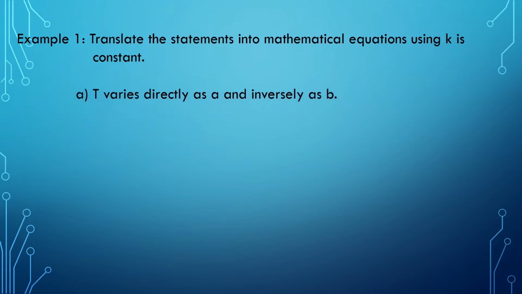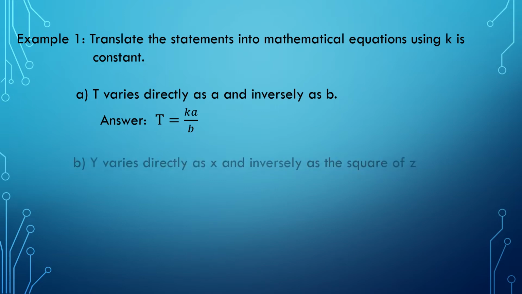We have letter A. T varies directly as A and inversely as B. Okay? Directly as A and inversely as B. So, ang answer, T equals to KA, yan yung direct, over B.